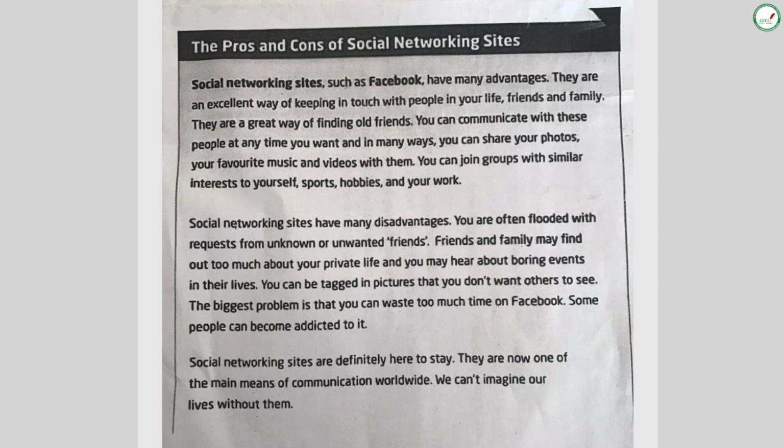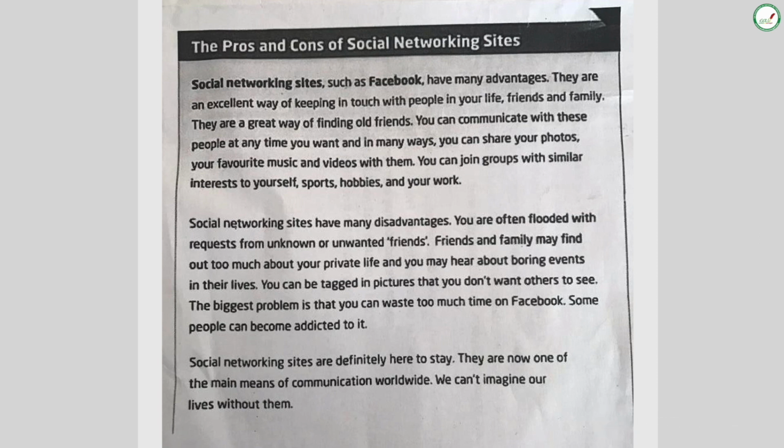Now, you are going to read the text individually first. After, in pairs, you are going to have two columns, one pros, the other column cons. And you are going to talk about the pros and cons of social networking.